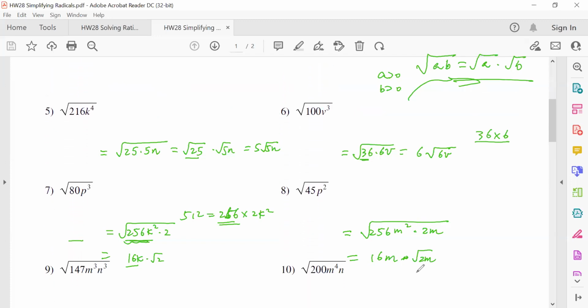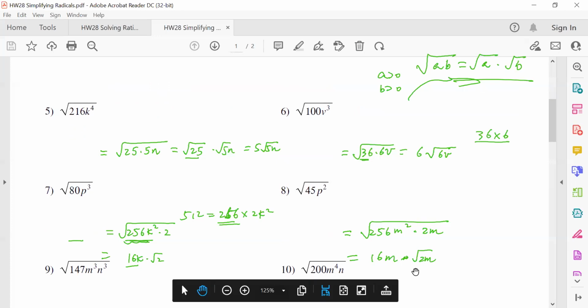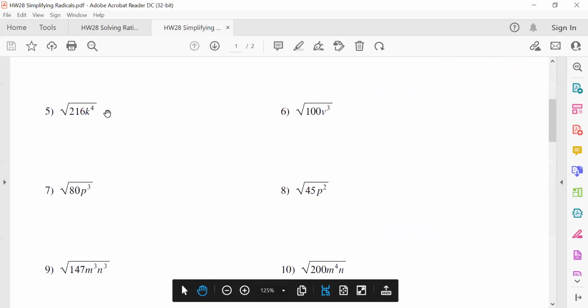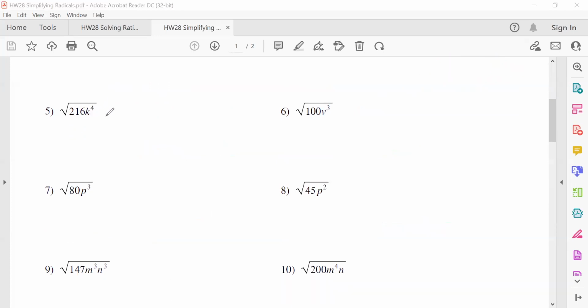Okay, let's do a little bit further. All right, see number 5. So here is 36k square root times 6. So you became 6k squared times square root 6. Right? Here is a super easy one.